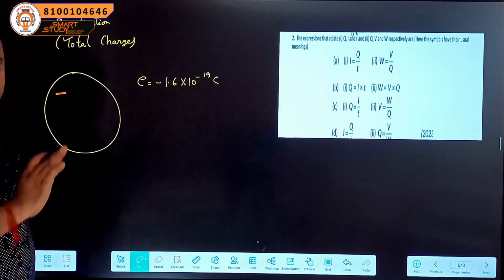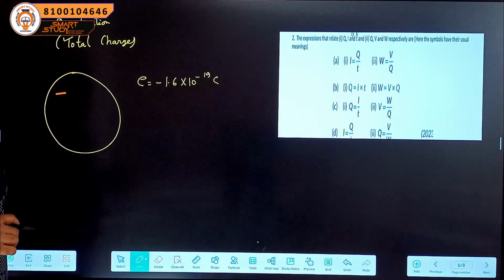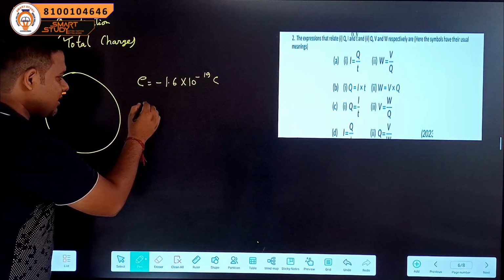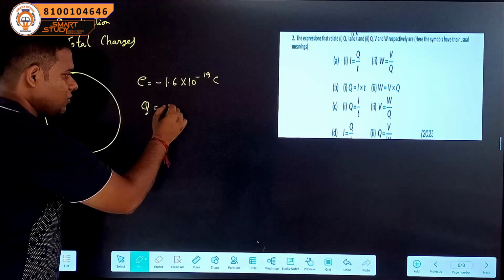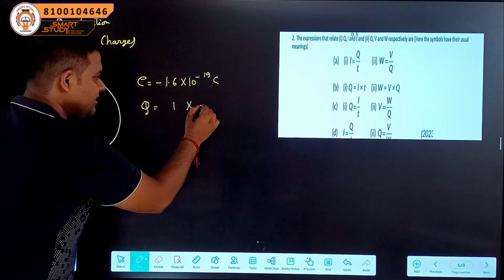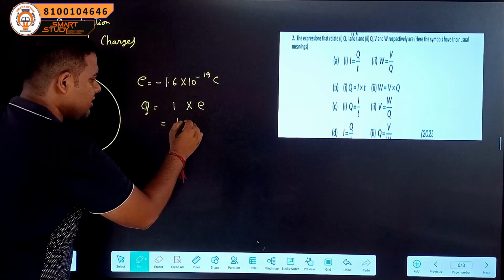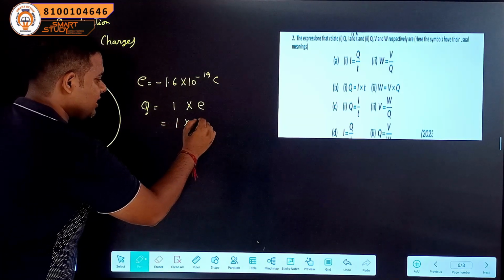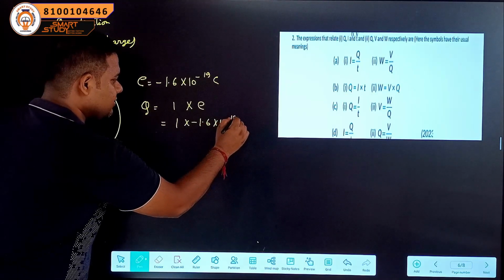This is denoted by E. If a single electron comes inside the sphere, the total charge Q is 1 into minus 1.6 into 10 to the power minus 19.